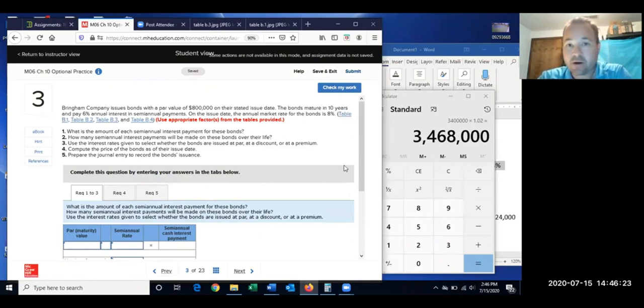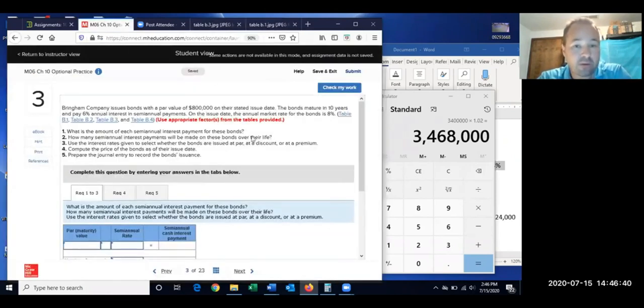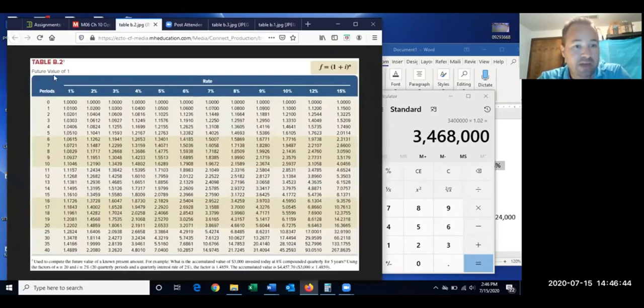And remember, as we did in our lecture, you only need the present value tables. You do not need the future value. So if I pull up this first one, it says present value of $1. That's one that I want, so I'm going to keep it. But if I pull up table number 2, it says future value of $1.